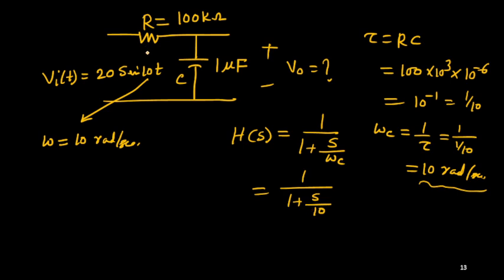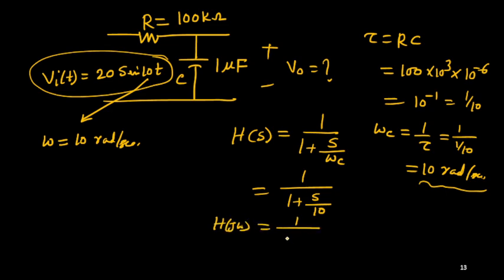Now we have one particular input. The input is 20 sine 10t. So omega is 10 only. So what is H of j omega? H of j omega will be 1 over 1 plus j omega by 10. I need to put omega equal to 10 here, because I need to calculate H of j 10, that is important.